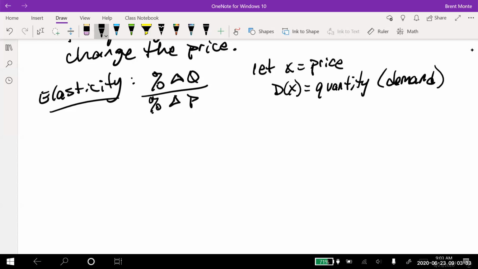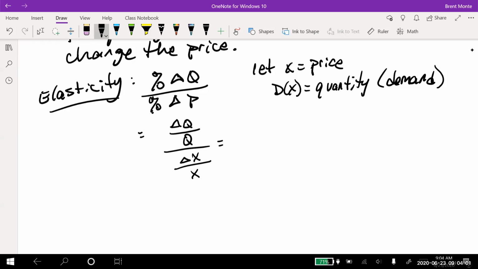Okay, so we've got that percent change in quantity over percent change in price. Well, percent change in quantity is the change in quantity over what the original quantity was. That's how we find a percent change. Similarly with price, but I'm using X for price. So it's the change in price, or the change in X, over what the original price was.